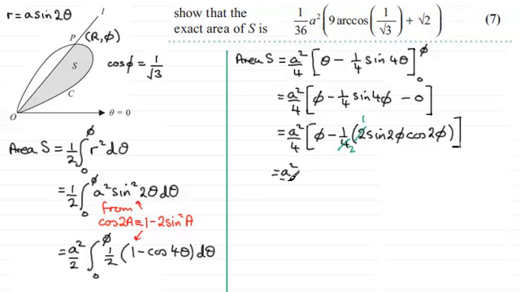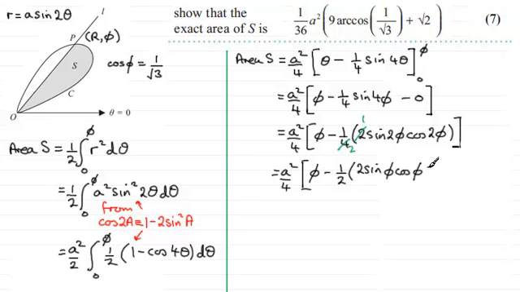We've got a squared over the 4 then, and we'll have a square bracket there. We've got the phi, and we've now got minus 1/2 here, multiplied by the expansion now of sine 2 phi, which is 2 sine phi cos phi.